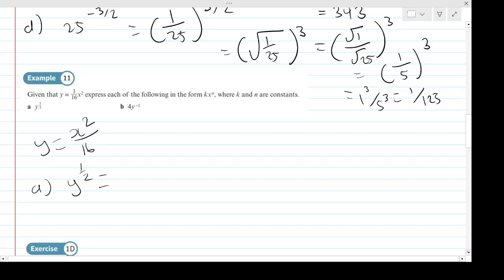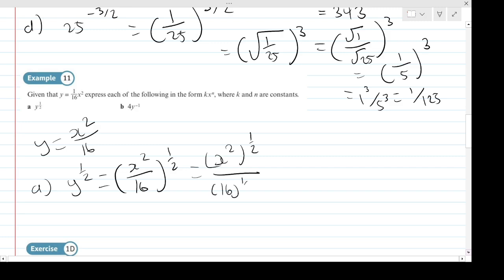So y to a half then, if we literally plug y in, that'd be saying x squared over 16 to a half. Okay. And so then we can apply the half separately to both top and bottom. So it'd be x squared to a half over 16 to a half.